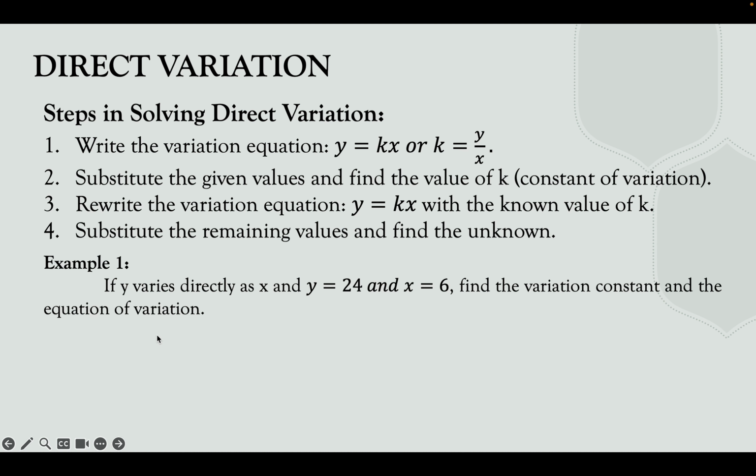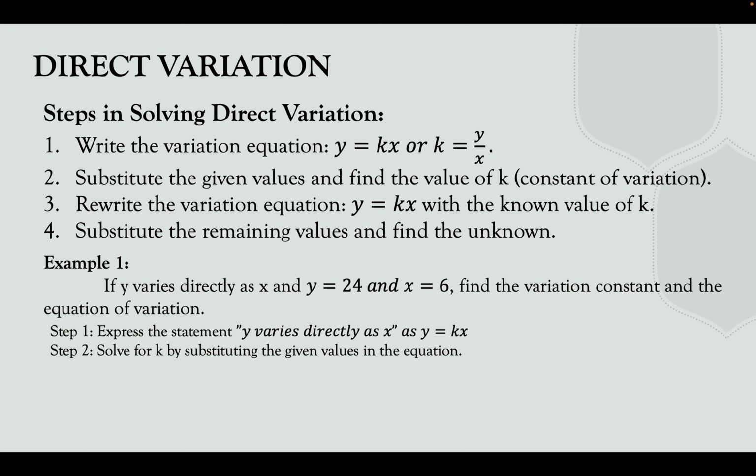So first, you will put y there, y equals, but that means varies, that is the k, and directly as x. When you say directly, that means you need to multiply. So y varies directly as x, so we need to express the equation y equals k times x.